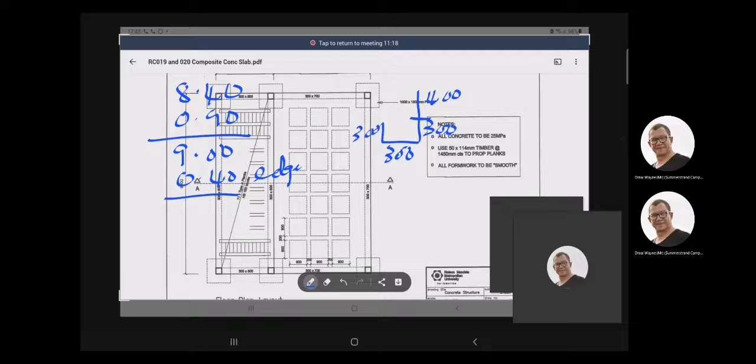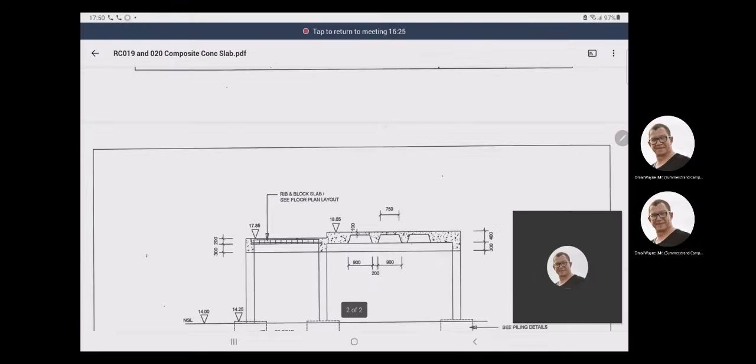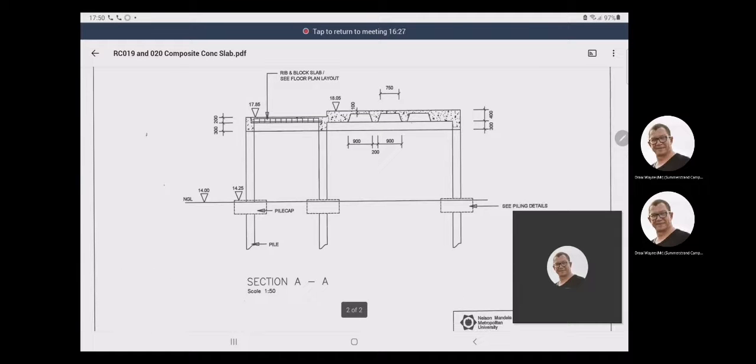I also look at formwork to the soffits of my coffer slab. Looking at the formwork to the soffit of my coffer slab, I know my slab thickness exceeds 250, so it'll be exceeding 250, not exceeding 500, with the ribs at 1100 millimeter centers, and I get that from the dimension that I now take from over here.